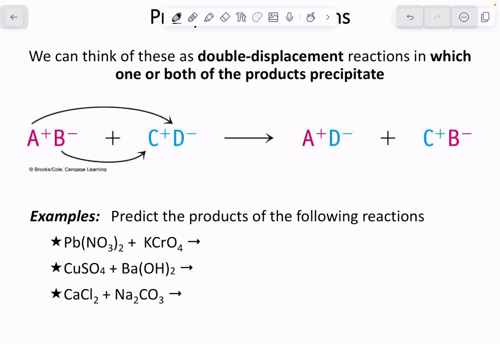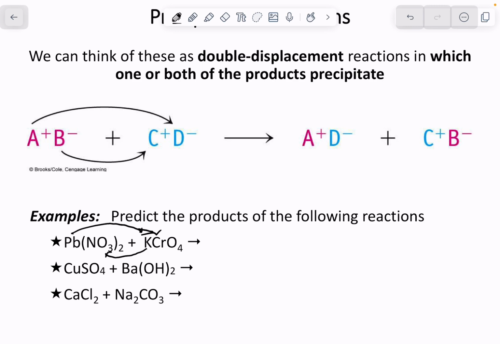So the first thing I'll do is the following. These three examples. In all double displacement reactions, you take the cation of one and react it with the anion of the next one, and then you take the cation of the second and react it with the anion of the first.